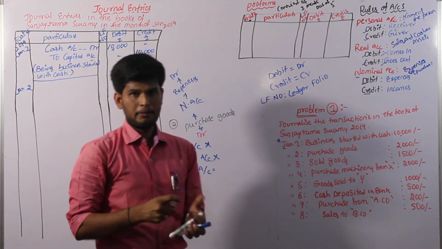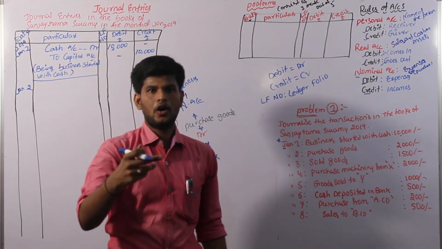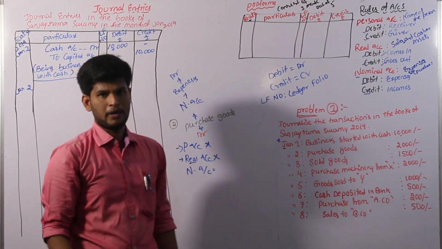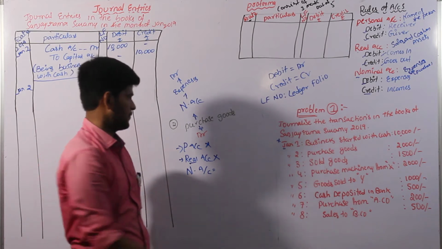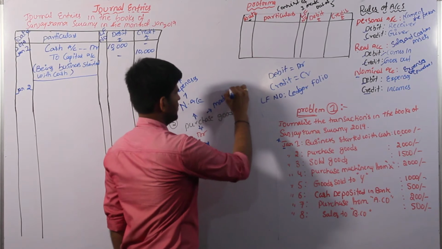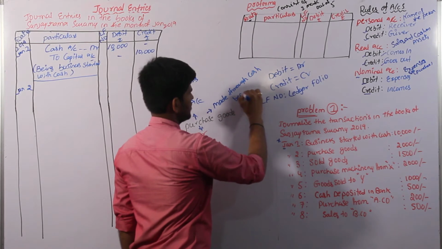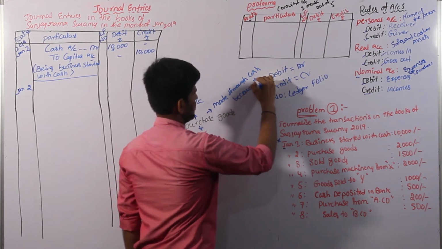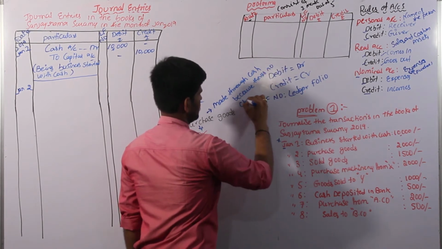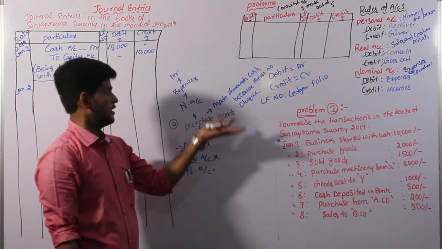Whenever we purchase anything into our business, definitely we have to pay cash or cheque. If no cheque is mentioned, it is called a cash purchase. So we are purchasing with cash. Purchase made through cash because there is no cheque. How can we identify it as a cash purchase?